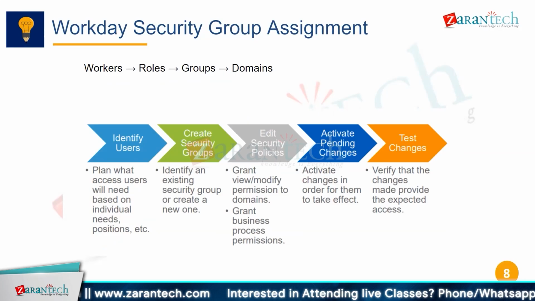Edit security policies: grant view or modify permissions to domains, or grant business process permissions. Activate pending changes, so that changes take effect. And then test changes and verify that the changes provide the expected access.